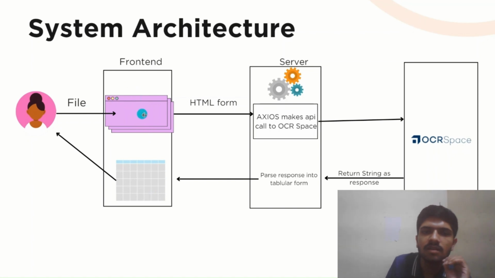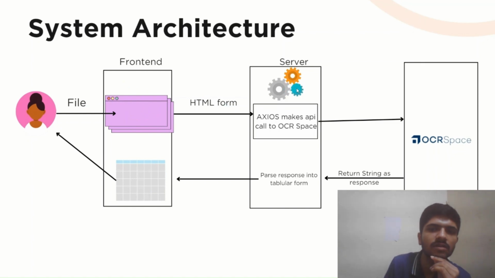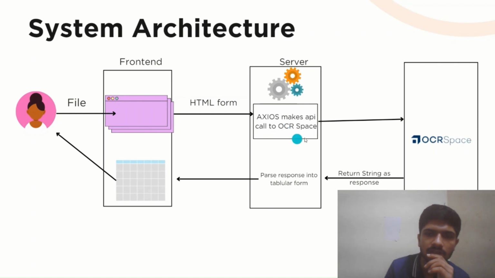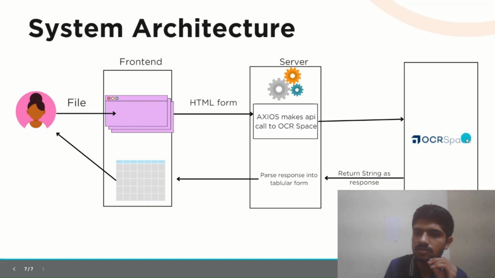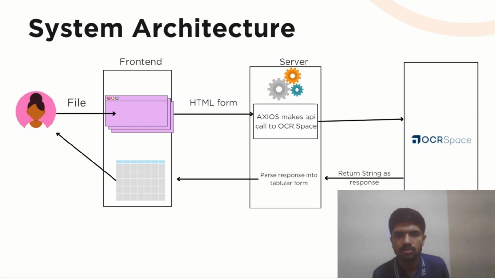The front end will send it via an HTML form to the backend server, which uses Multer to accept files from the front end. It then makes an API call to OCR Space, which returns a full string as a response, which we have to process to extract the meaningful data out of it.